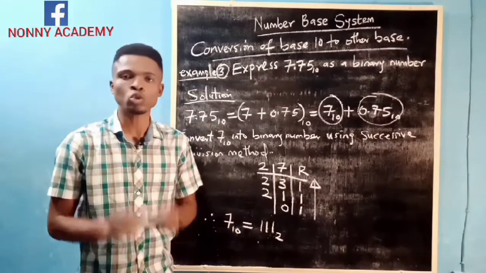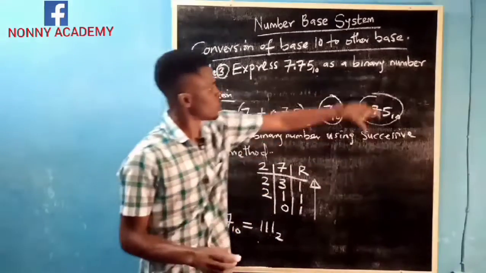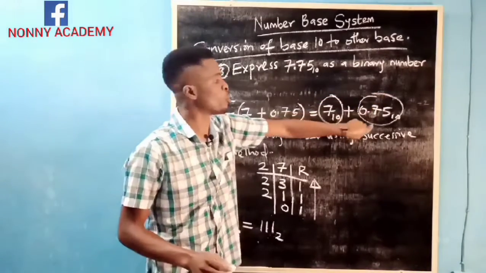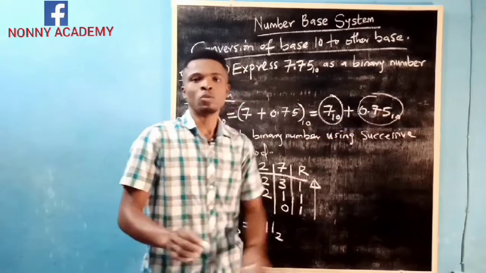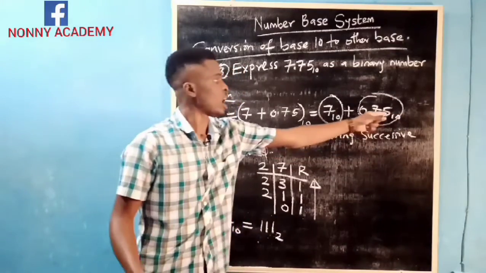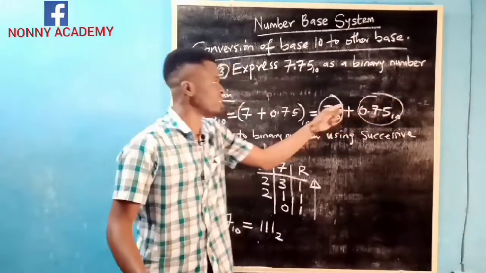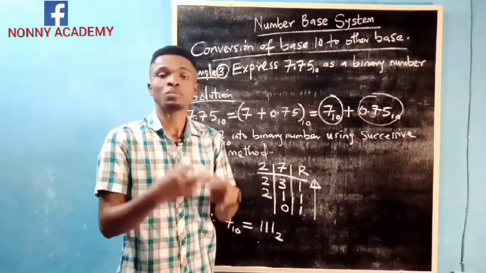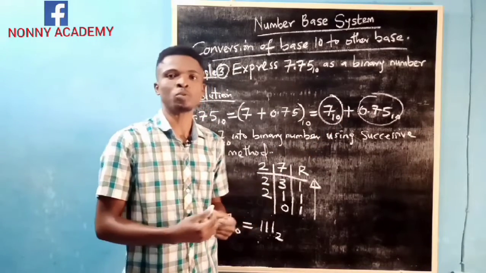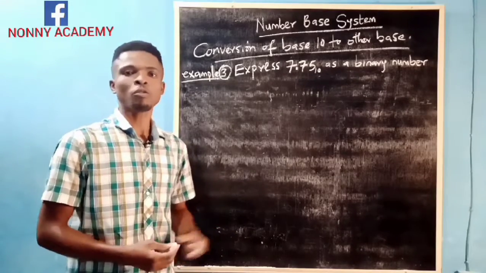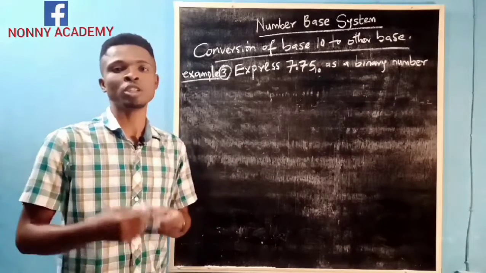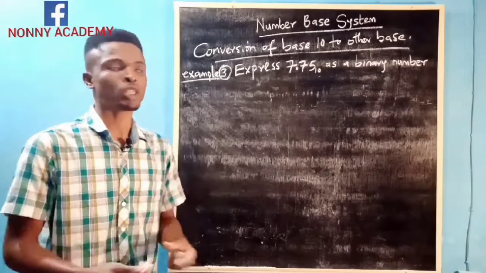Now the next thing I need to do is to solve the decimal part, which is 0.75, using the multiplication method. When I get the answer for this, I will merge this answer and this answer together to get my final answer. Now let's proceed. I have to convert the decimal part of this question into a binary number using the multiplication method.